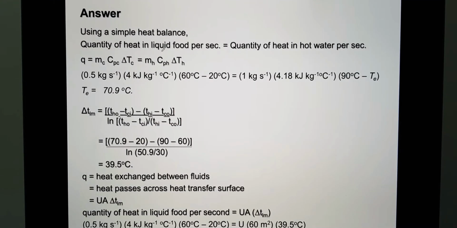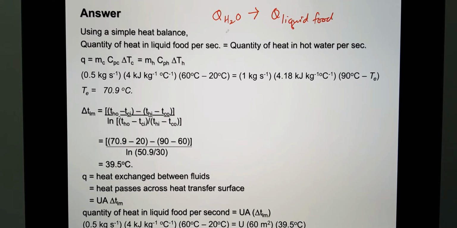For this particular problem statement, you need to use a simple heat balance, whereby the quantity of heat in liquid food per second is equivalent to the quantity of heat in hot water per second. Because the Q from hot water is going to be transferred to the liquid food.